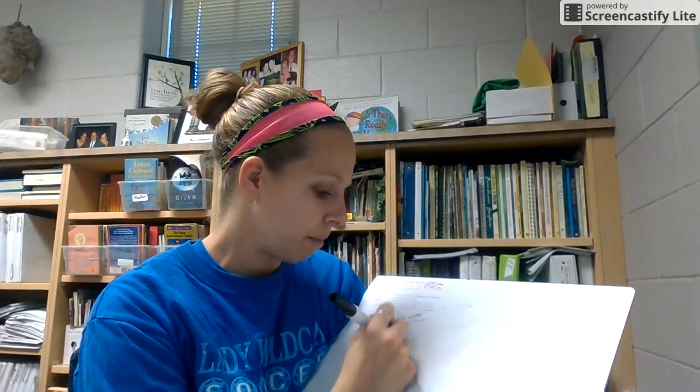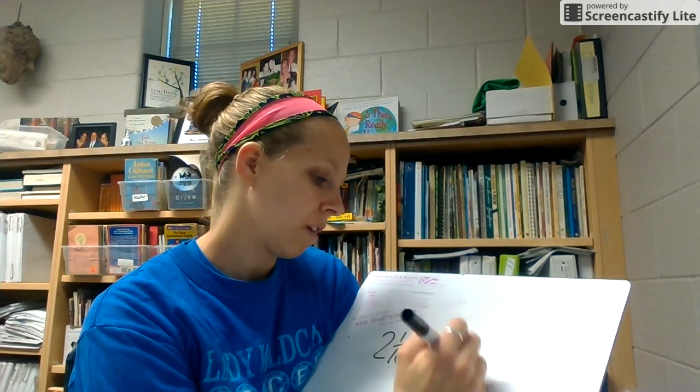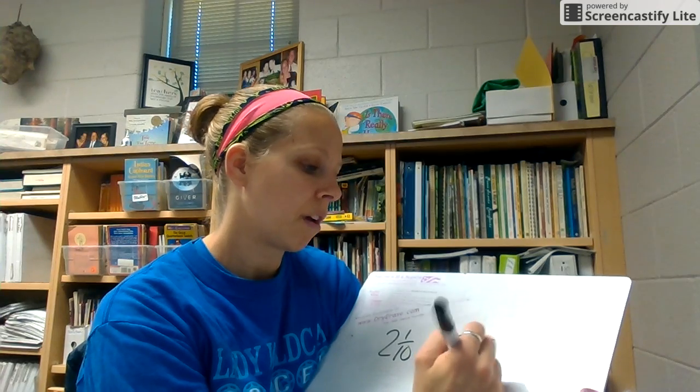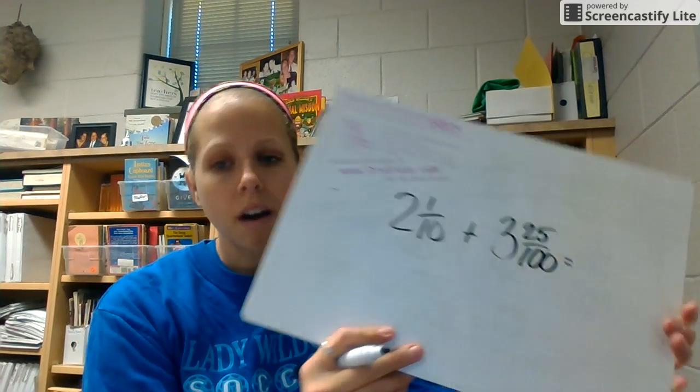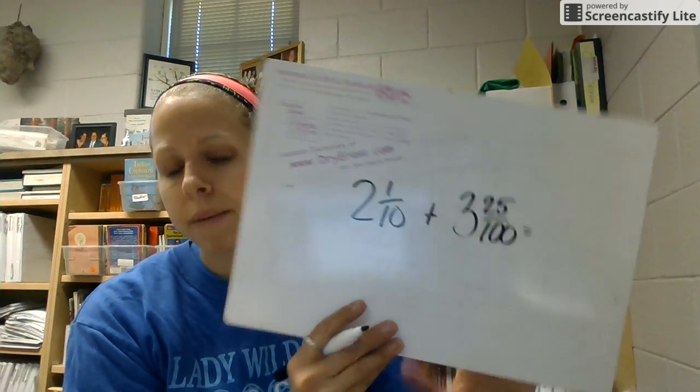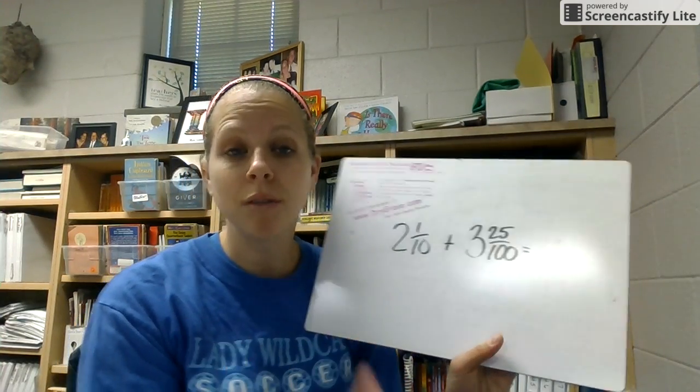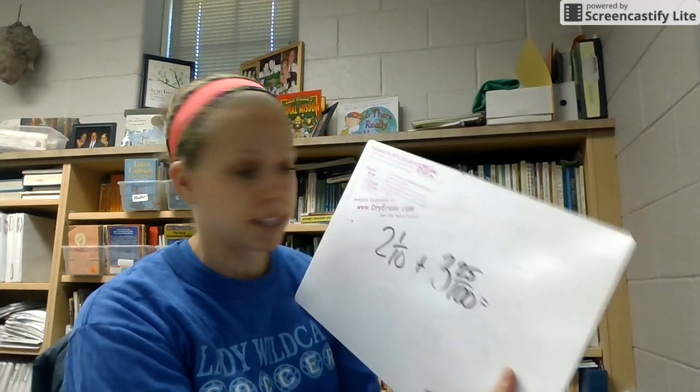Now, yesterday you were adding mixed numbers. So let's just say you have the problem 2 and 1/10 plus 3 and 25 hundredths. Ms. Langford, I can't answer that because my denominators aren't the same. Well, now you know that you can make these denominators the same.